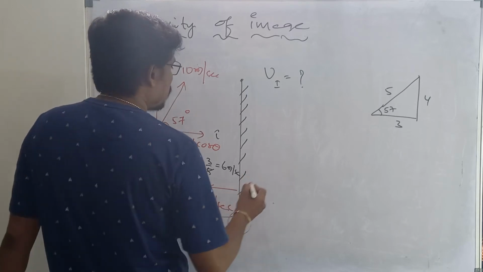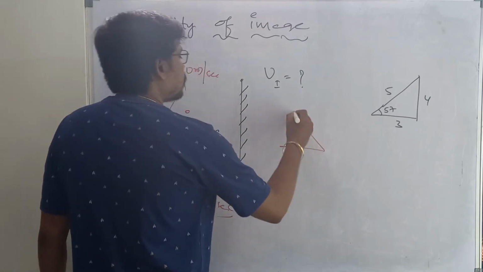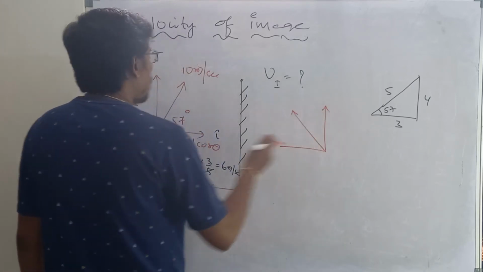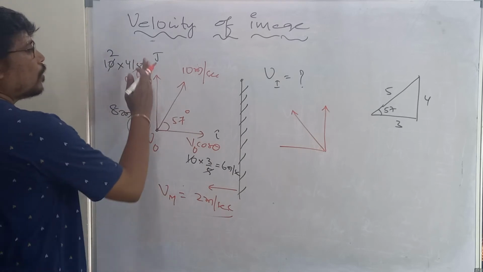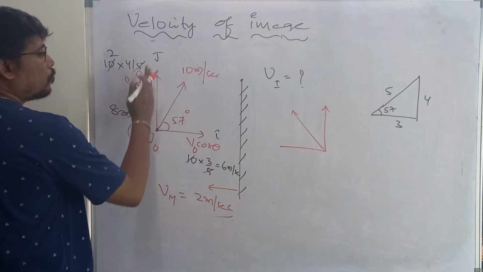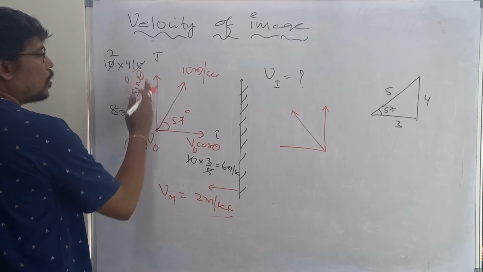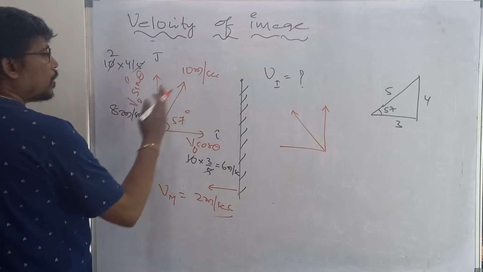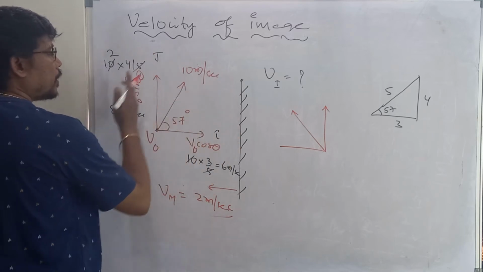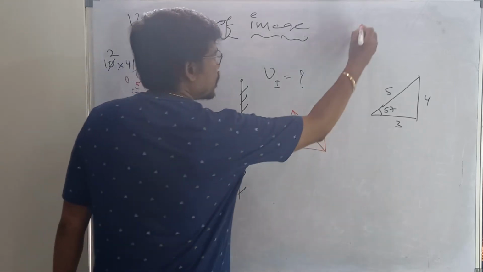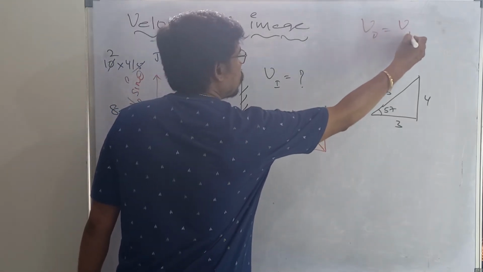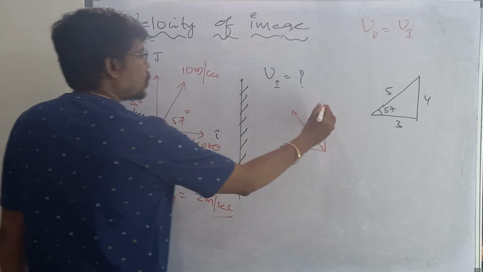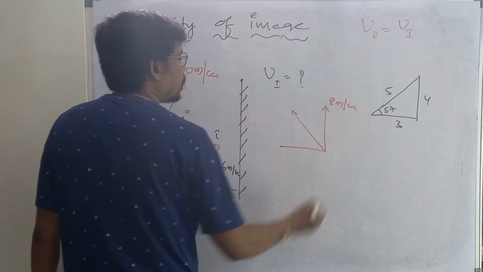As usual, when the object moves parallel to the plane of the mirror, the velocity does not change, because the velocity of the object is equal to the velocity of the image. So it is 8 meter per second.